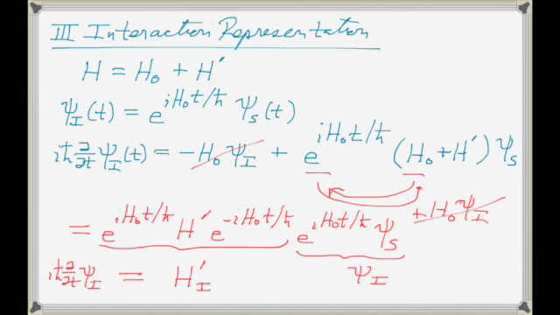The transformation between the Schrodinger wave function and the interaction wave function is given by that. Then you can just take the time derivative of your interaction wave function, work through it, and you get finally what's written down on the red line down below.